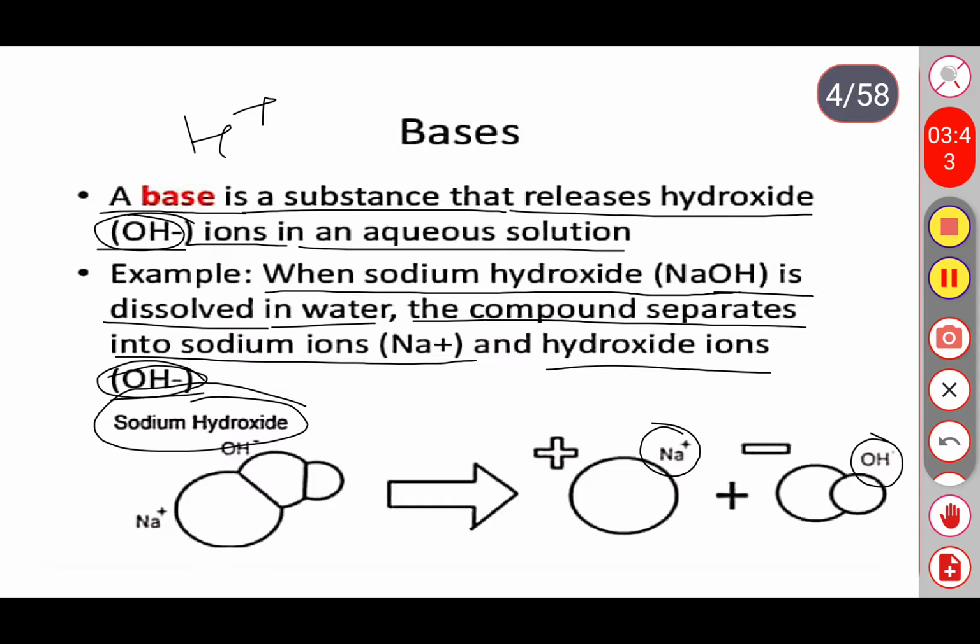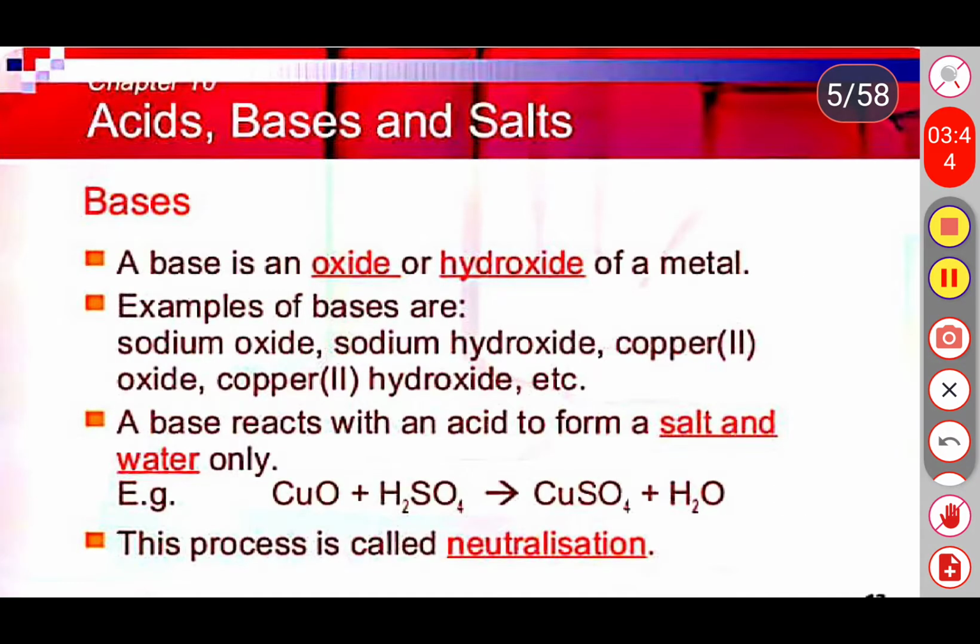See here, one more definition is there. A base is an oxide or hydroxide of metal. Not only hydroxides: when a basic substance dissolves in water, if it releases hydroxide, we consider it a base.